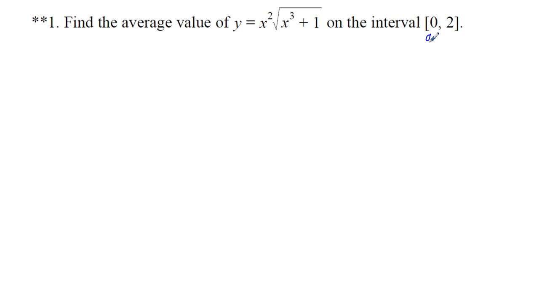So we will call this value 0 a and this value of x, 2, b.